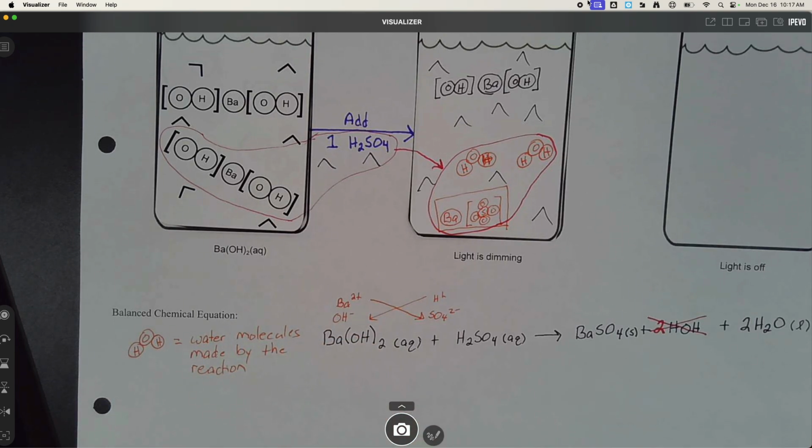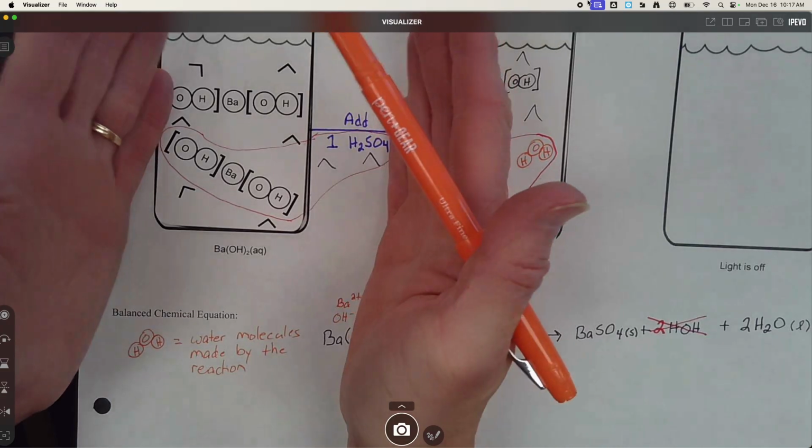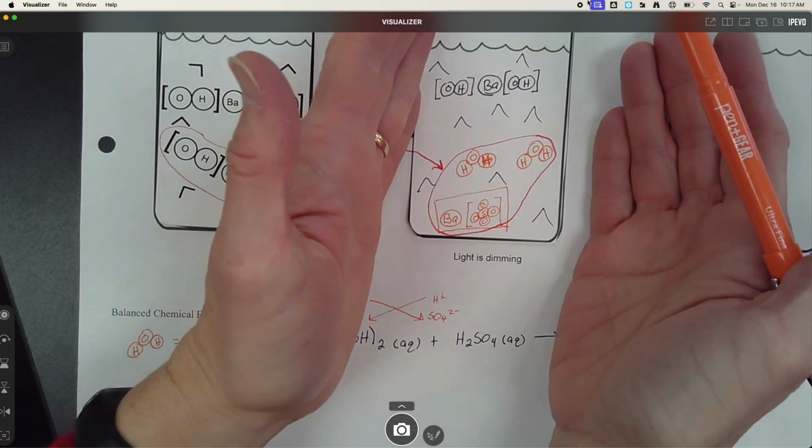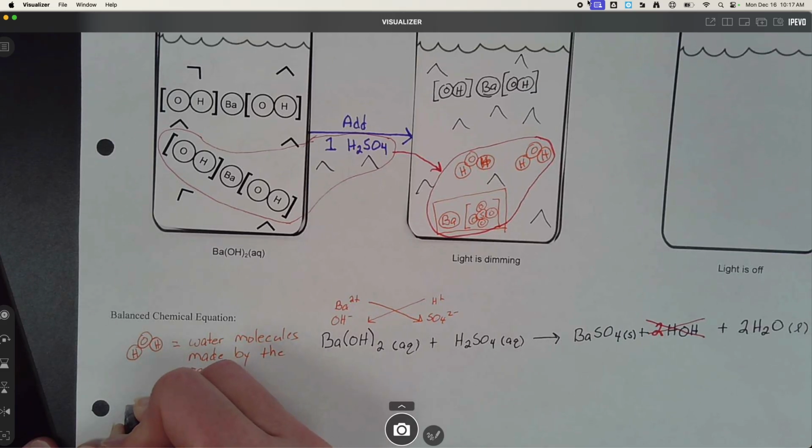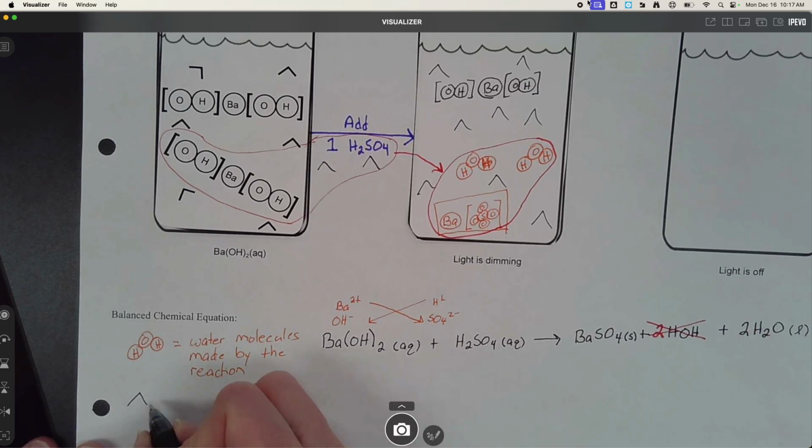I have to be able to see them as hydrogens and oxygens because I have this rule that says whatever I started with, I have to finish with the same atoms. And if I don't draw these new water molecules that got made by the reaction as H2Os where I can actually see the 2 hydrogens and the oxygens, it looks like I'm kind of out of balance on the conservation of mass. These other molecules that I've chosen to shorthand are just water molecules that are doing the dissolving.